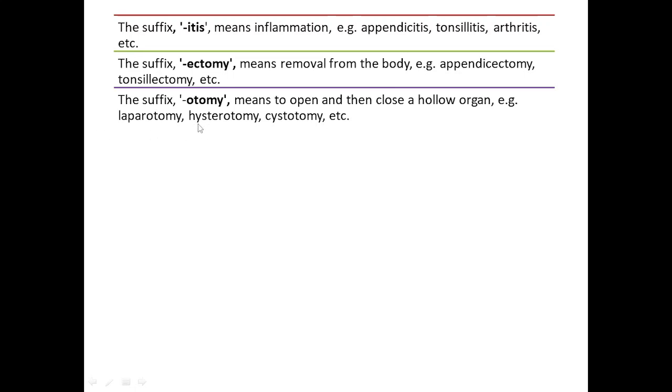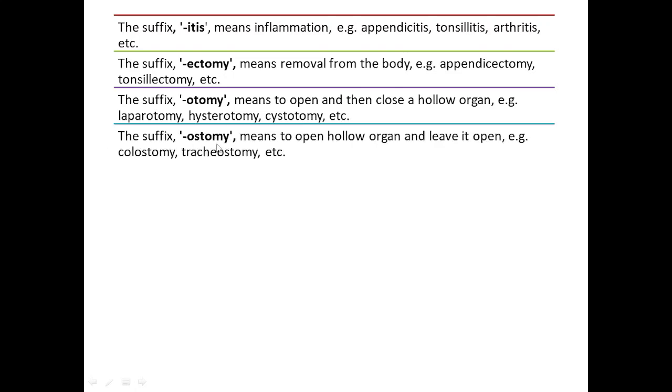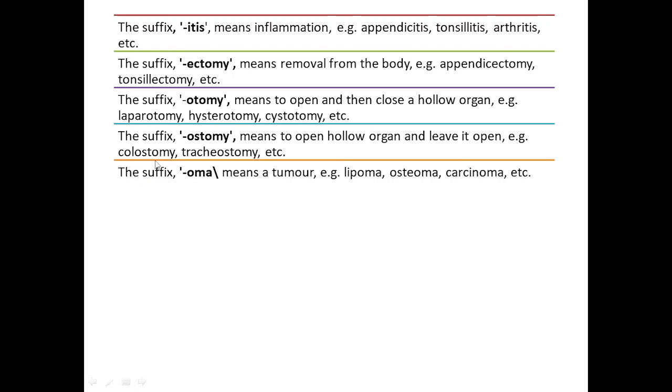Example, laparotomy, hysterotomy, and cystotomy. Then we have the suffix ostomy, which means to open a hollow organ and leave it open. Example, colostomy, tracheostomy. Then oma, which means a tumor. For example, lymphoma, osteoma, carcinoma.